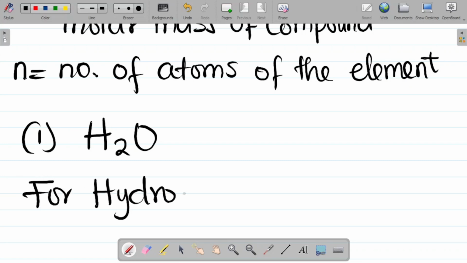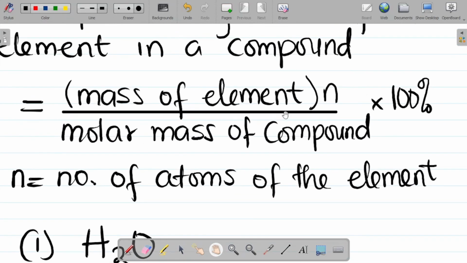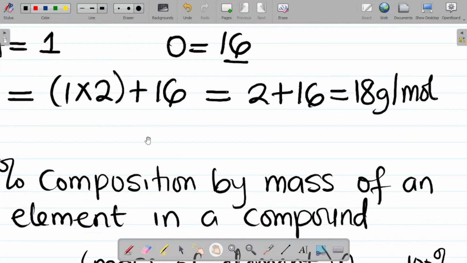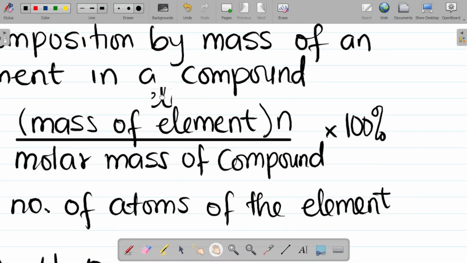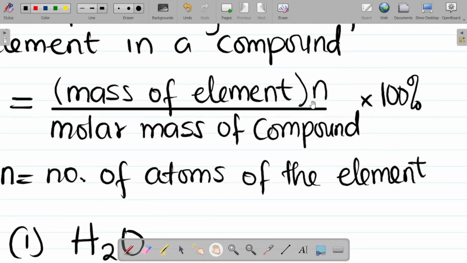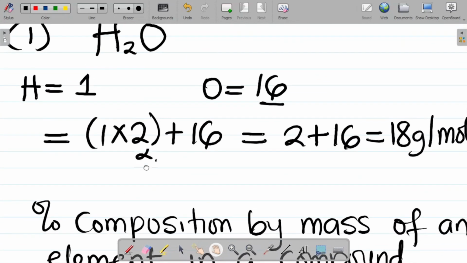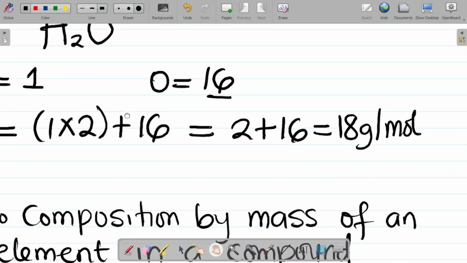For hydrogen, it will be equal to the mass of the element. We said the atomic mass of hydrogen is 1. So it becomes 1 times n. What's n there? The number of atoms of the element. In this compound, H2O, we have 2 atoms of hydrogen.